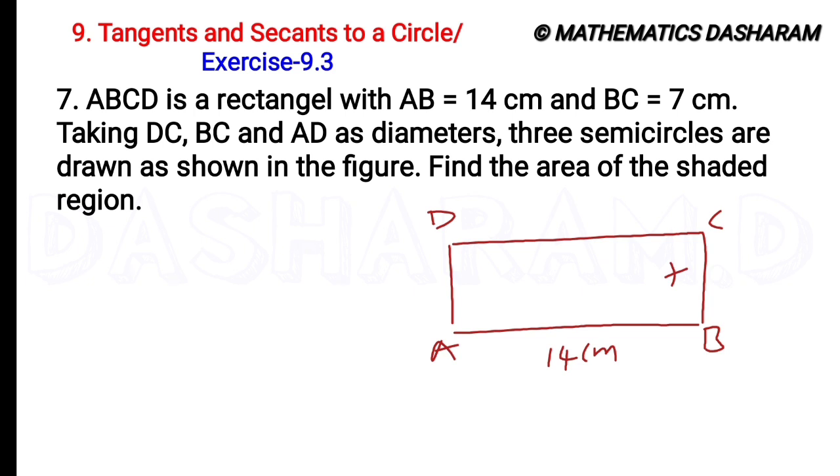Taking DC as a diameter, draw one semicircle. Next, BC as a diameter, draw one more semicircle. Last, AD as a diameter, draw one more semicircle. So what is the area of the shaded region?